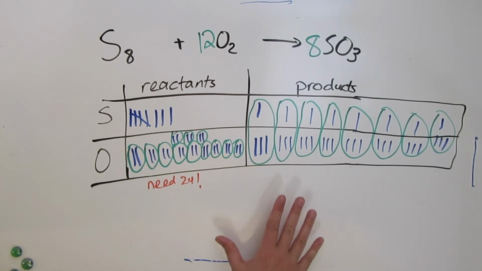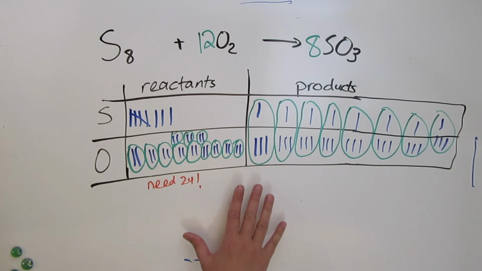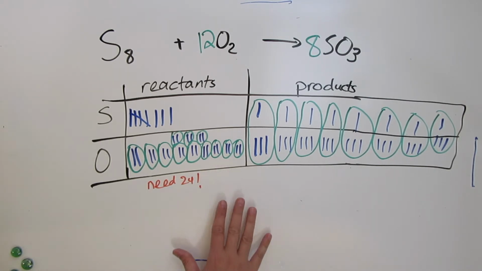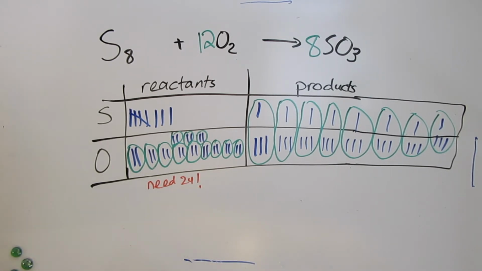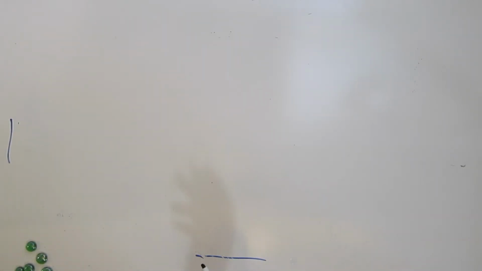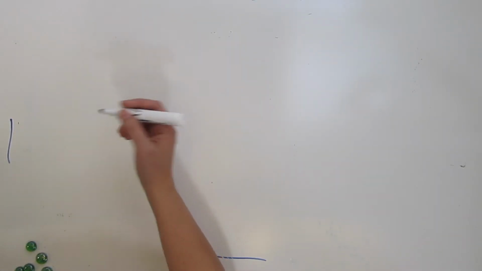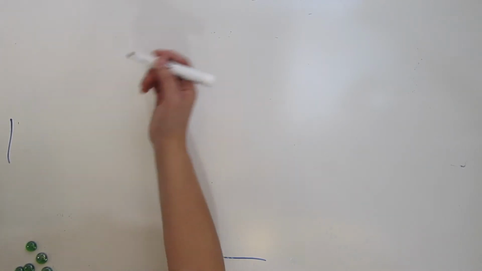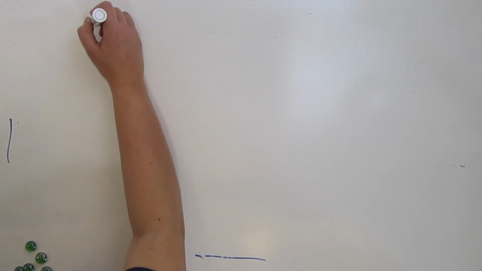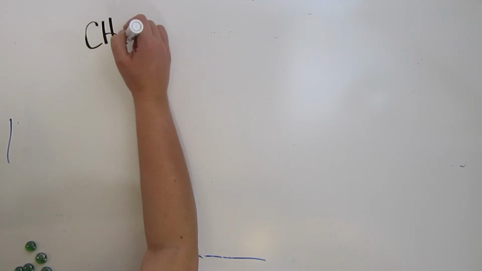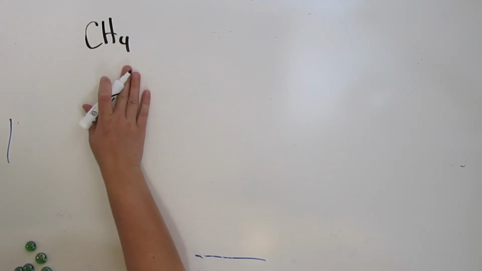We're going to do another reaction now that's a little different, and you'll see why in a bit. We're going to balance a reaction that you have probably seen many times, and that is the combustion or burning of methane gas. Methane is CH4, and although chemists call it methane, most people call it natural gas.